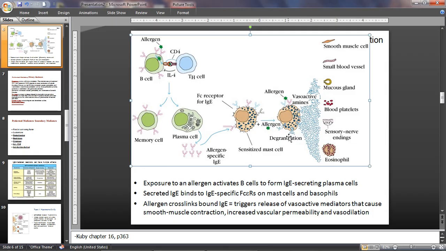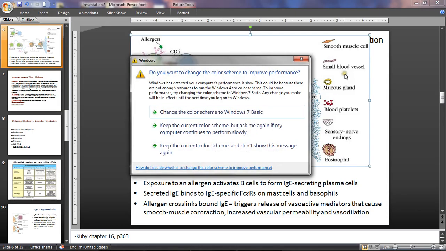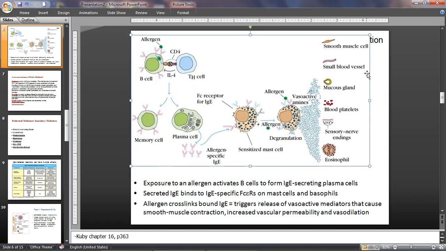Now, once this histamine is released due to the degranulation, the target tissue could be a smooth muscle cell, a blood vessel, a mucus gland, platelets, sensory nerve endings, and the eosinophils.